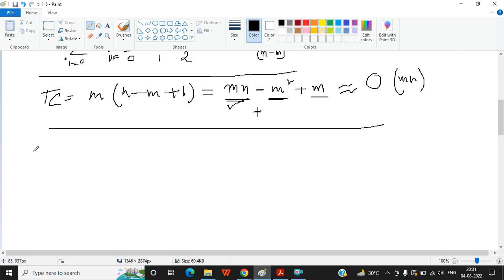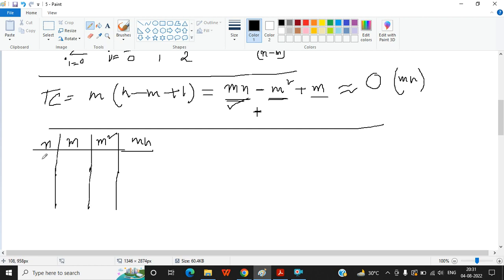Why? Now see, what is m square and what will be mn? Let's calculate this for a few times. The product might be bigger than m square. No, not like that. You have to consider it.